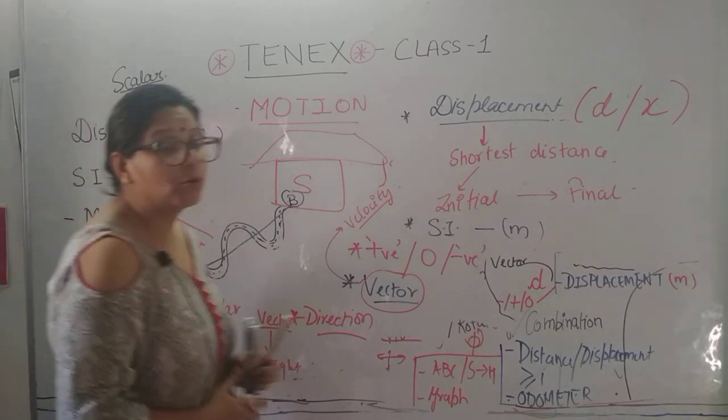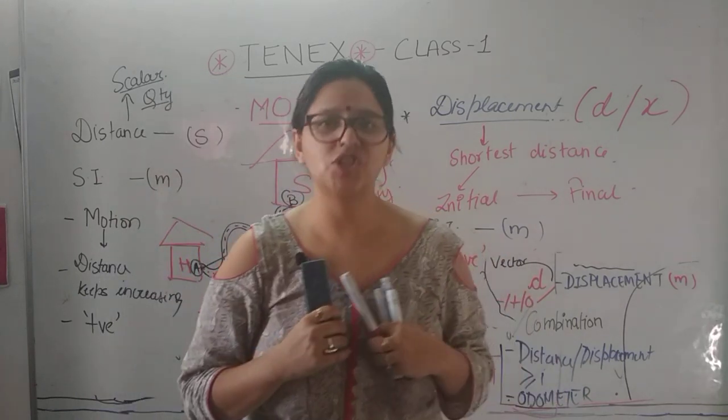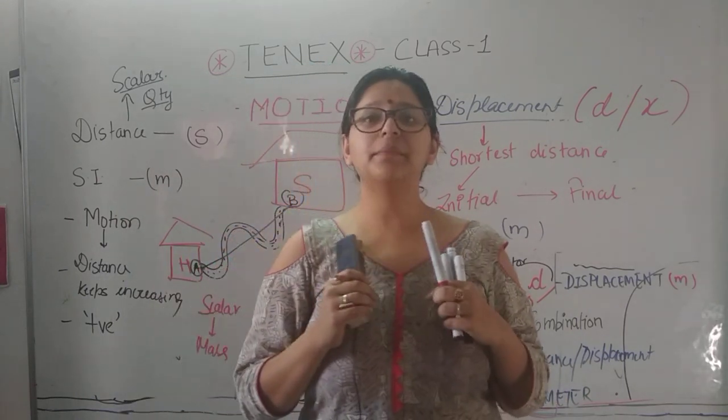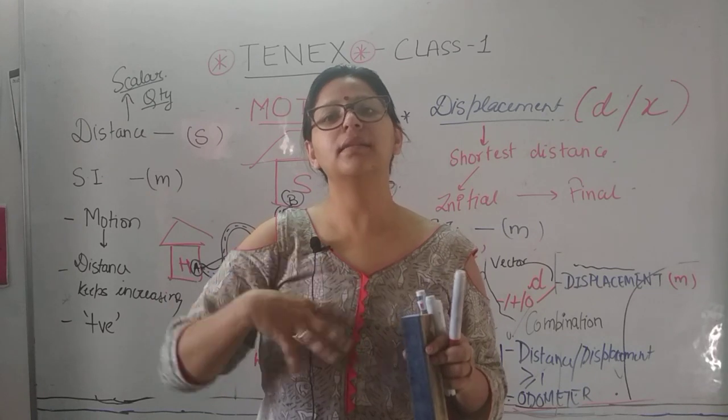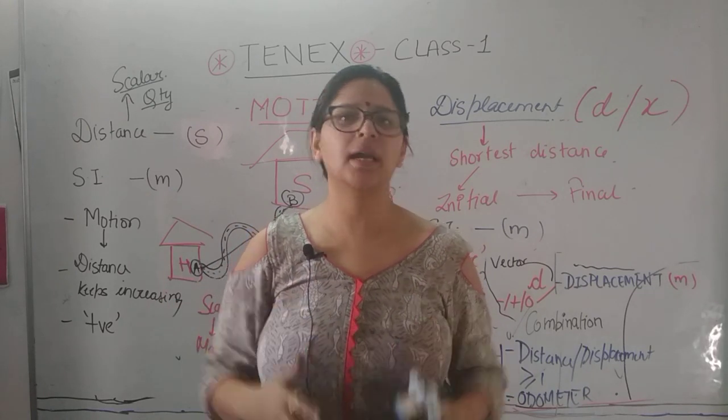Guys, अगर मैं आपको बोलती हूं कि I am 10 kg in weight, okay? तो इसका मतलब ये है कि at this instance मेरे अंदर 10 किलो matter भरा हुआ है.